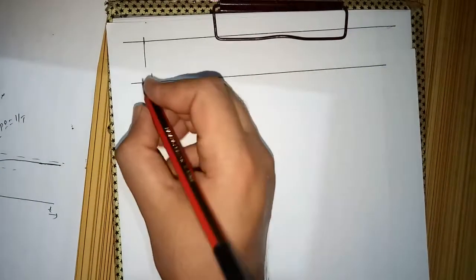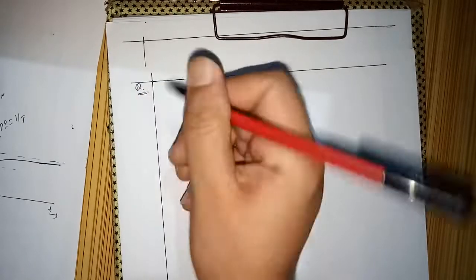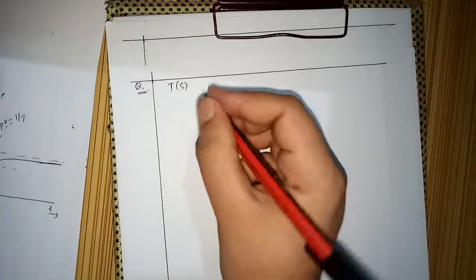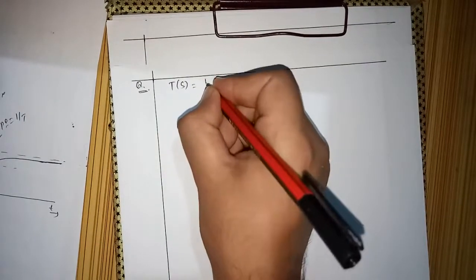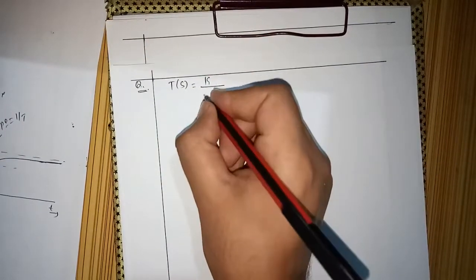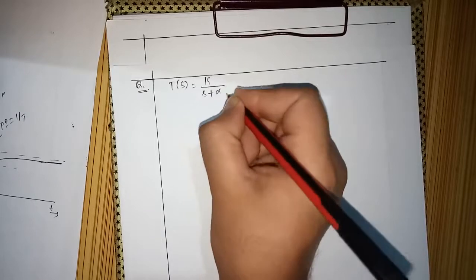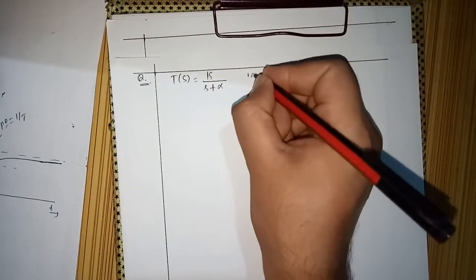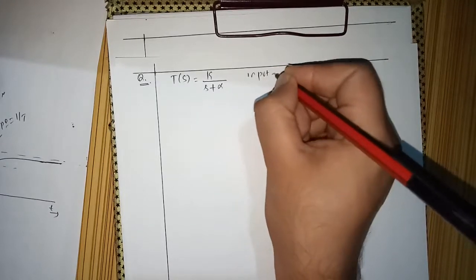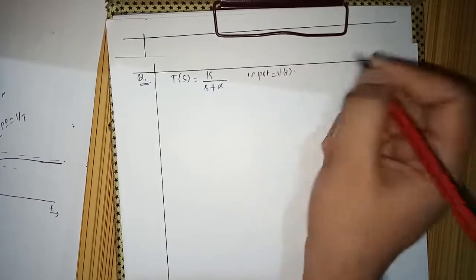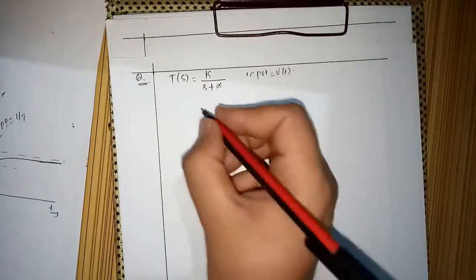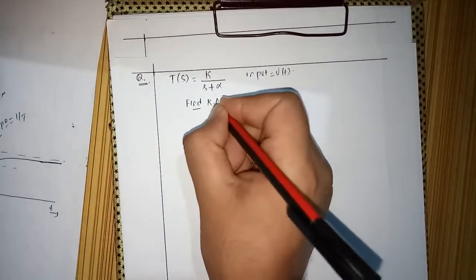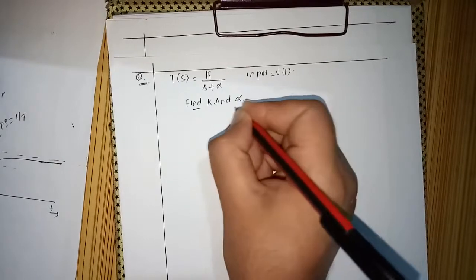This is a very important thing, that's why I have taken time to define it. Now let's solve one problem. Given the transfer function T(s) is equal to K/(s plus alpha), and the input is given as a unit step function. It is asked to find K and alpha of the system.